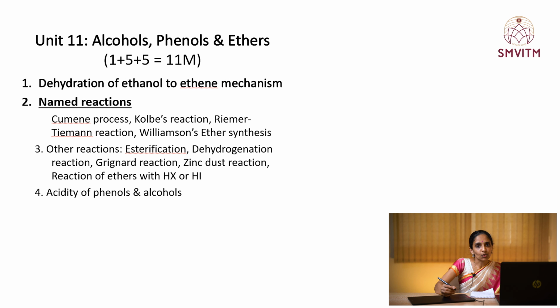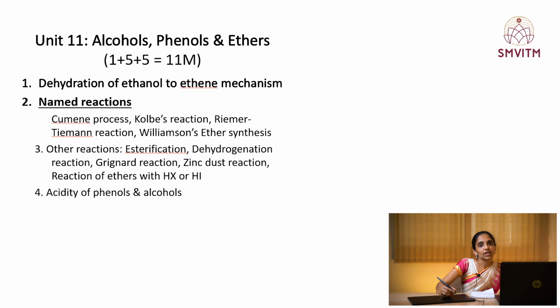Instead of carbonyl compounds, if you take nitrile and do the Grignard addition and hydrolysis, then you get a ketone. Also, if you take carbon dioxide and do Grignard addition and hydrolysis, you get a carboxylic acid. So, all these Grignard reactions must be studied. You can expect at least one from these.